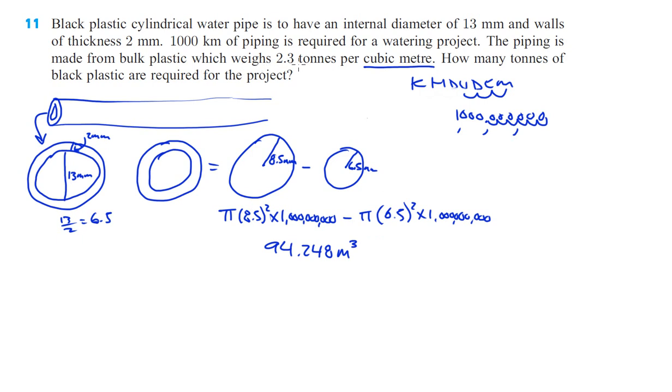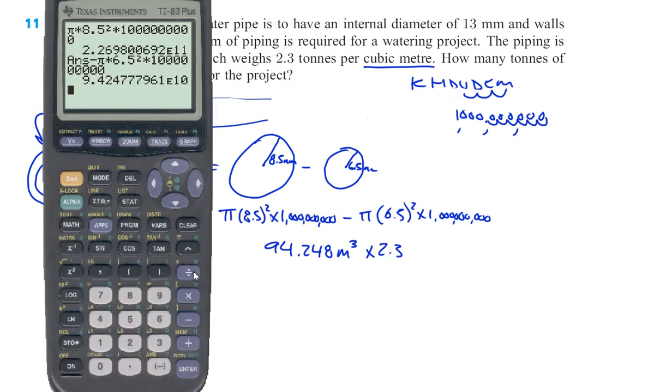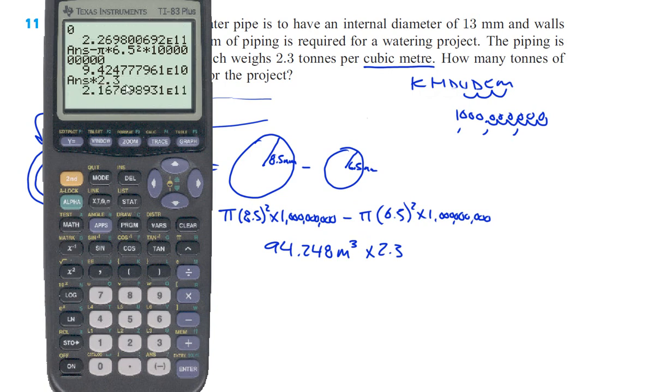So then, the piping is made from bulk plastic which weighs 2.3 tons per cubic meter. So how many tons of black plastic are required for the project? So we got to take what we have here and multiply that by 2.3. Actually wait, e to the 11.